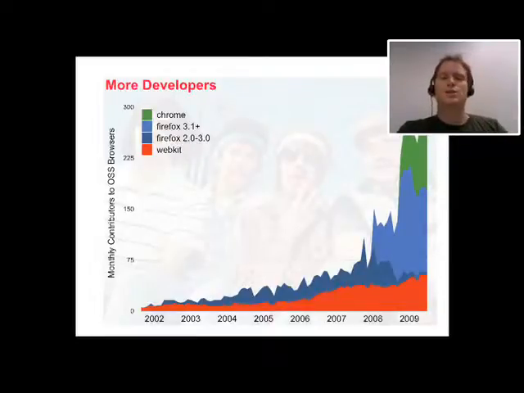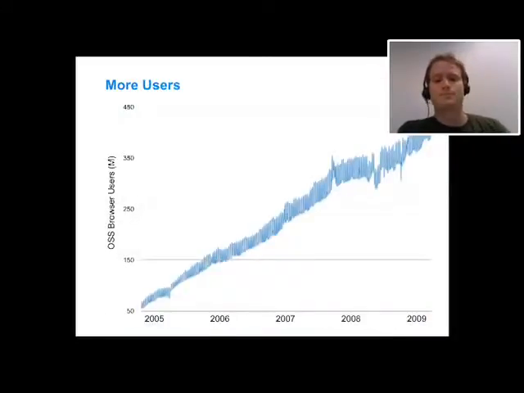If you look at this, you'll see an accelerating number of developers contributing to open source web browsers, including Chrome, Firefox, and WebKit. That's really going to help accelerate even more what we have. At the same time, you see a roughly linear trend in the number of users. Here we see millions of open source browser users increasing over time.